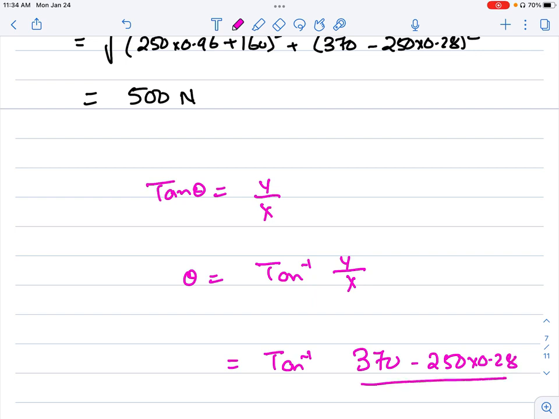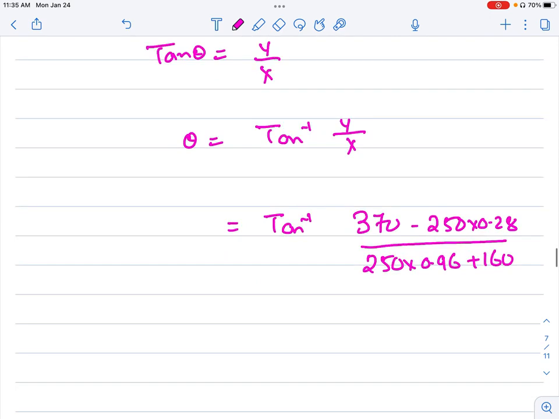The x value is 250 times 0.96 plus 160. Simplify by calculator, in degrees mode 36.9 degrees, or if you want, in radians mode 0.644. That's going to be the answer for question number 4.